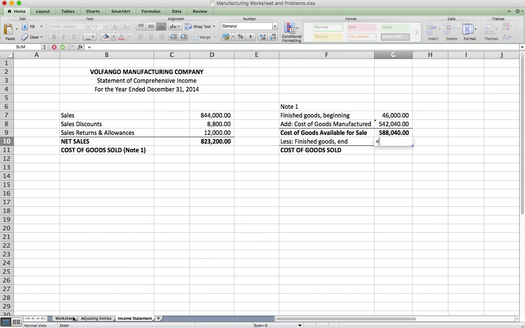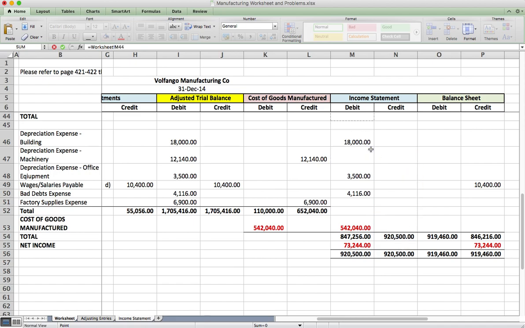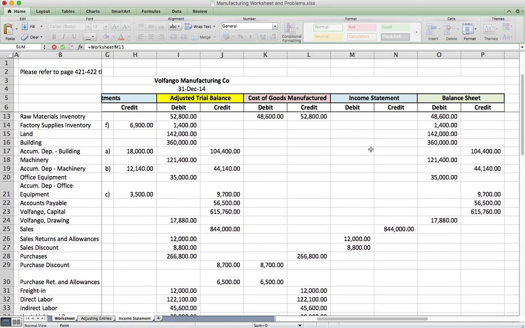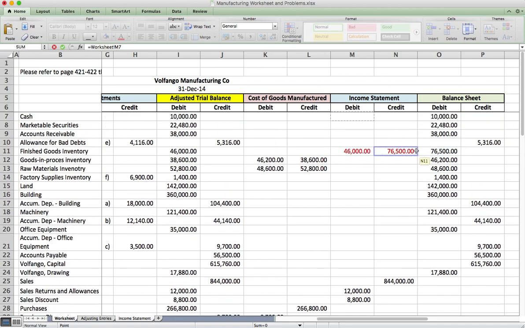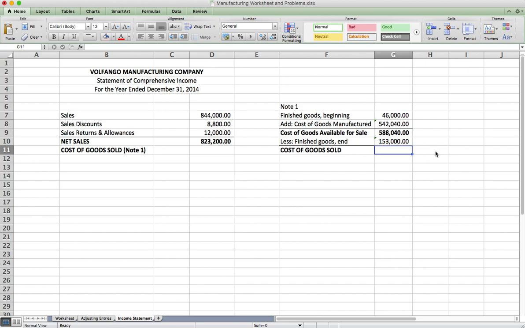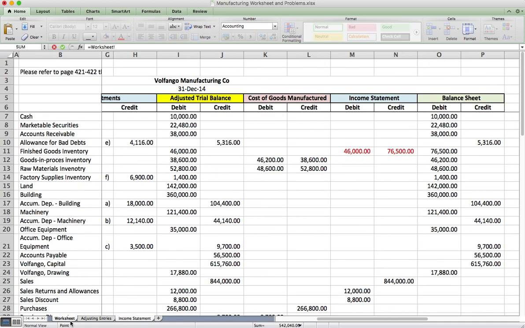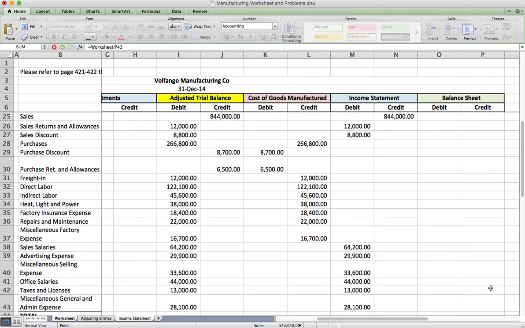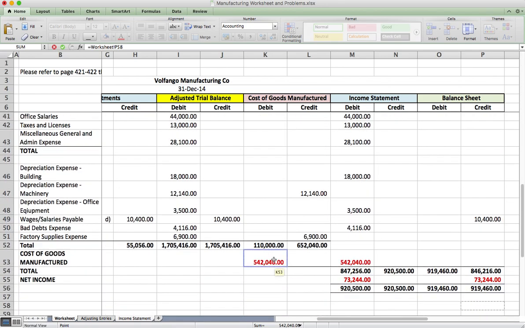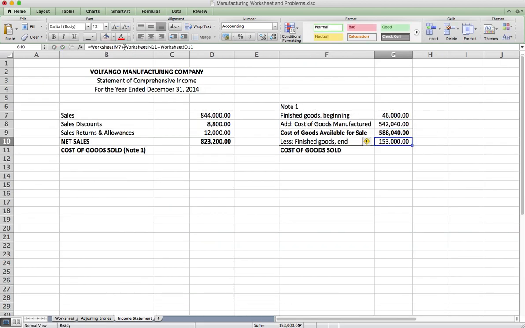But the finished goods end is how much? 76,500. Diba? Ay, ba't ang dami? Ang cost of goods manufactured, marami rin. Kakalito naman to. Cost of goods manufactured, ito lang siya. Yan. Finished goods end.